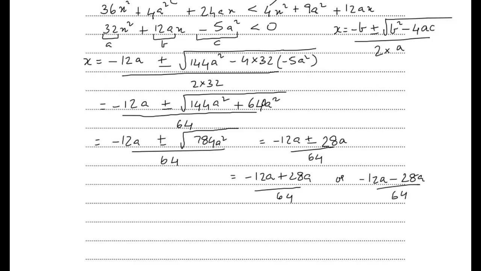If I were to simplify the two of them, I would get 28 minus 12 is 16, 16a by 64, which is 1/4 of a, or I would get 28 and 12, so that's minus 40a by 64.